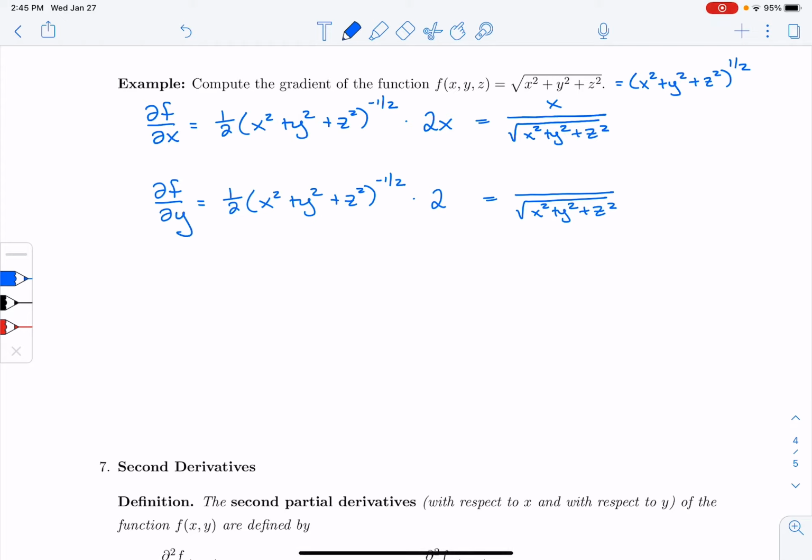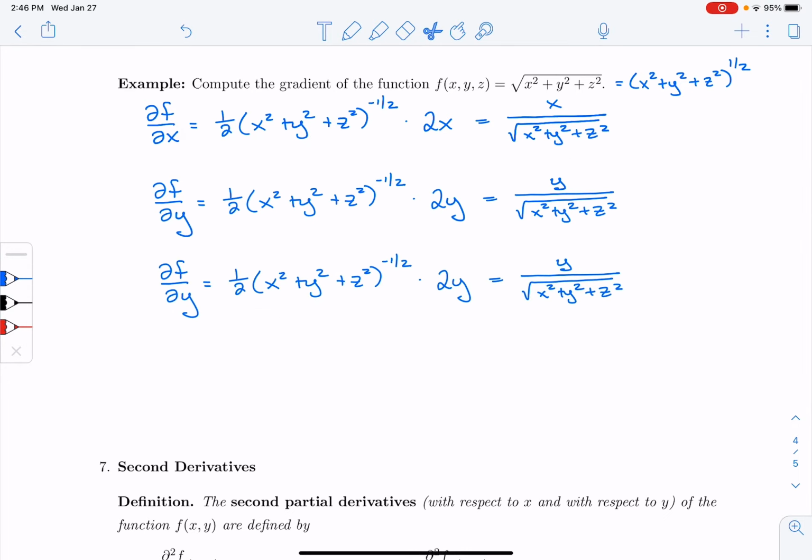The derivative of the inside, where y is now the variable, is going to be 2y. And so I'm going to get y divided by the square root of x squared plus y squared plus z squared. So we can play that game one more time and get df dz. Again, z appears in this equation the same way. So the derivative of f with respect to z is just going to be z divided by the square root of x squared plus y squared plus z squared.